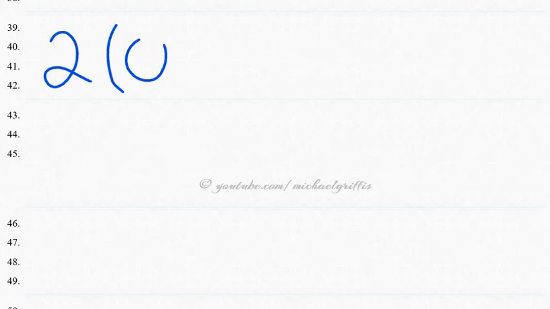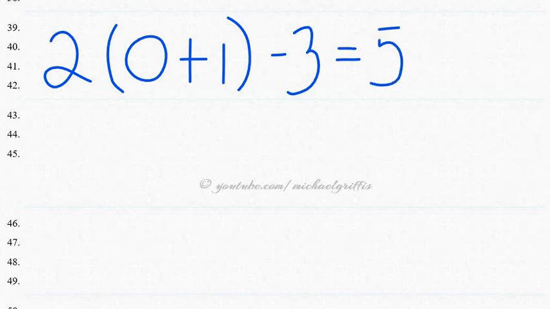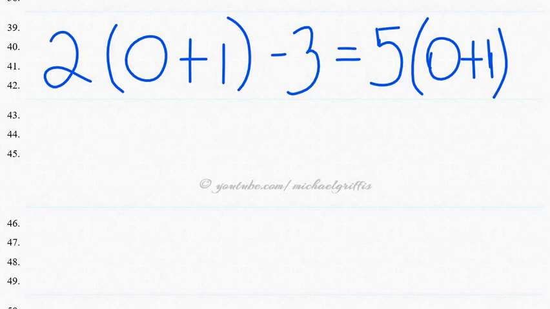So in our original equation, we had 2 parentheses, so we're going to plug 0 in for x, minus 3 is equal to 5 minus 6. So 0 plus 1 is just 1.